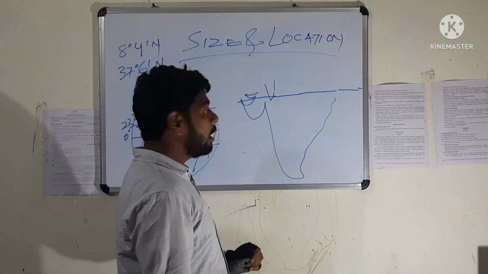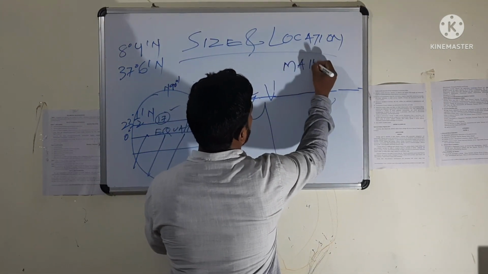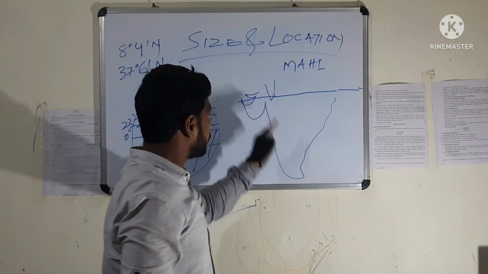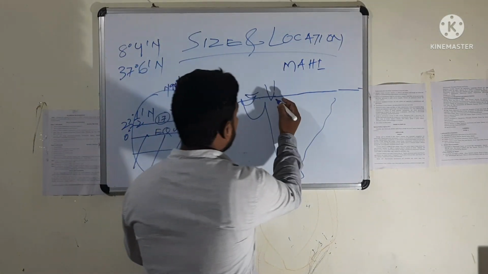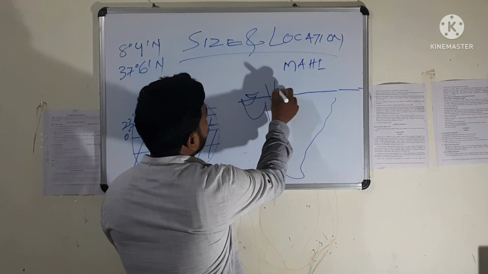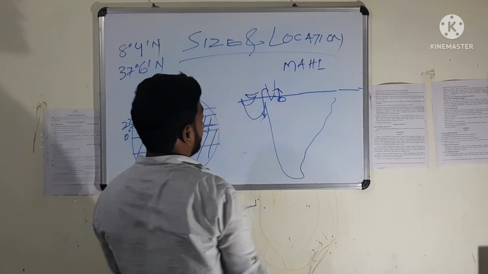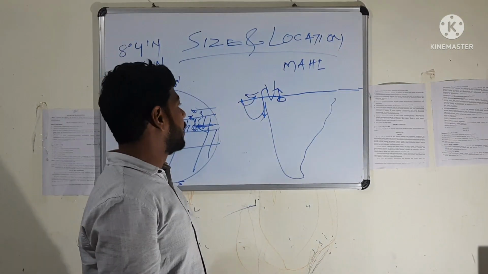And 2 things need to be known, guys. One, the river Mahi crosses the Tropic of Cancer twice. Once when it emerges from Madhya Pradesh, and once again when it drains its water into the Arabian Sea near the Gulf of Khambhat, where it also forms an estuary.